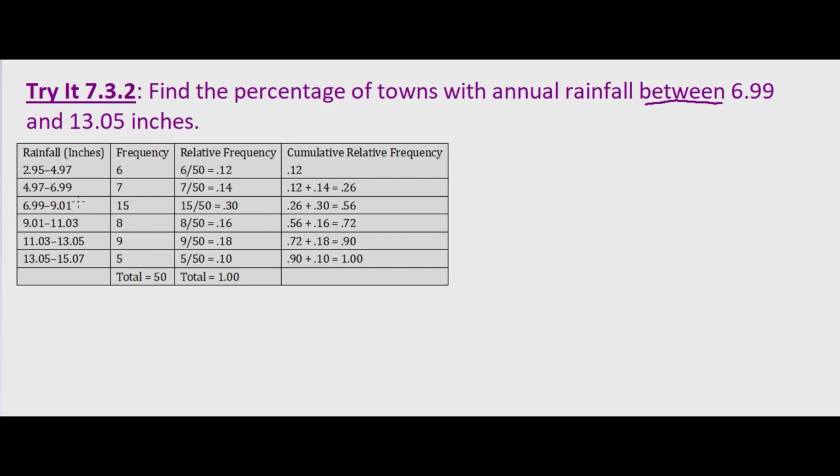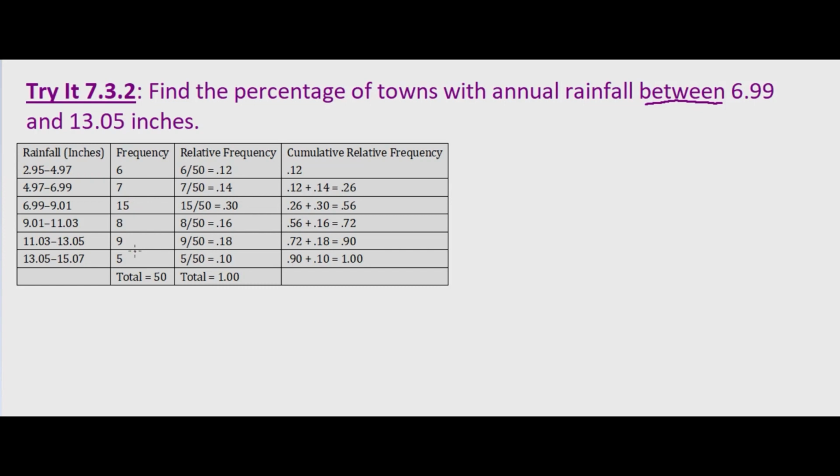So technically, a problem like this, when it says between, should indicate whether it means inclusive or exclusive. But in the context of this problem, if it was inclusive, we wouldn't be able to include the 13.05, because we don't know how many of the 5 values in the 13.05 through 15.07 interval are 13.05. We don't have the data.